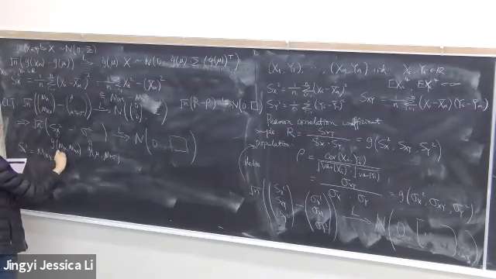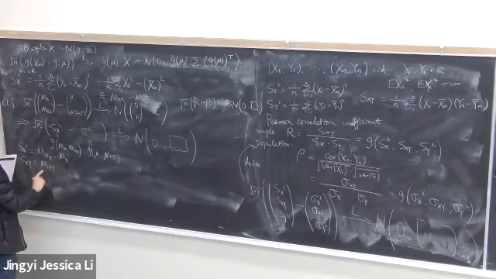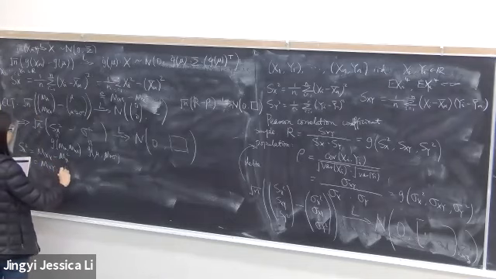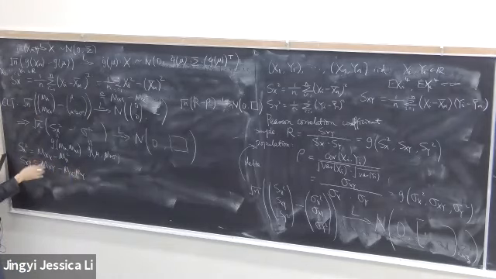mxx minus mx squared, right? We have that definition. Similarly, we can write the sample covariance as mxy minus mx times my. So the notation has the same format.